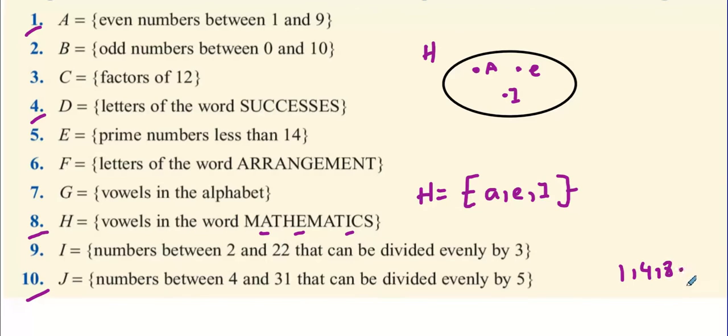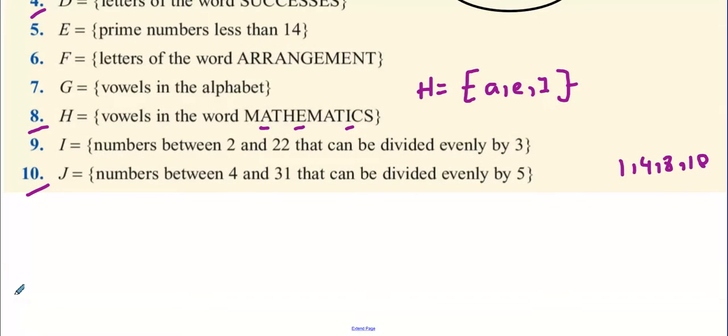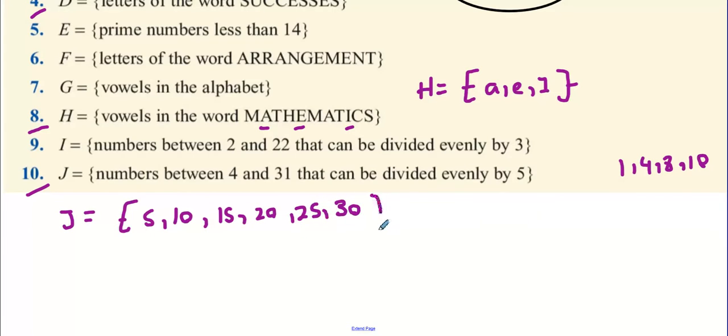Now, question 10. Numbers between 4 and 31 that can be divided evenly by 5. Okay, so let's start off. We can go for 5, 10, 15, 20, 25, 30. Okay, these are the numbers.